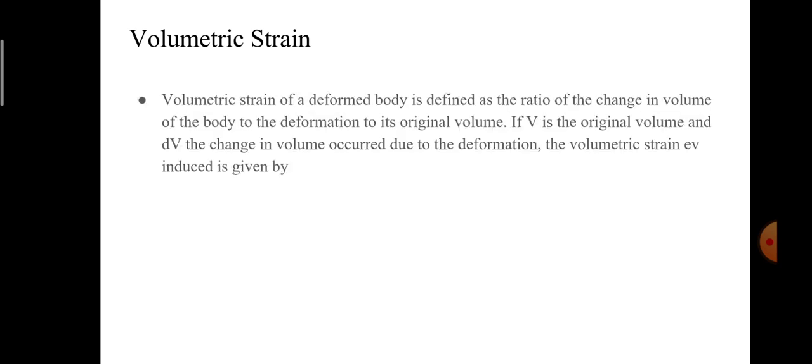So this ratio of change in volume of a body to the original volume is called volumetric strain. Volumetric strain is defined as the ratio of change in volume to the original volume of a body.